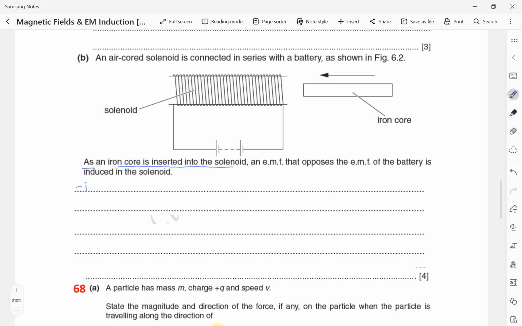So inserting the core causes an increase. Remember, the iron core concentrates the magnetic field.